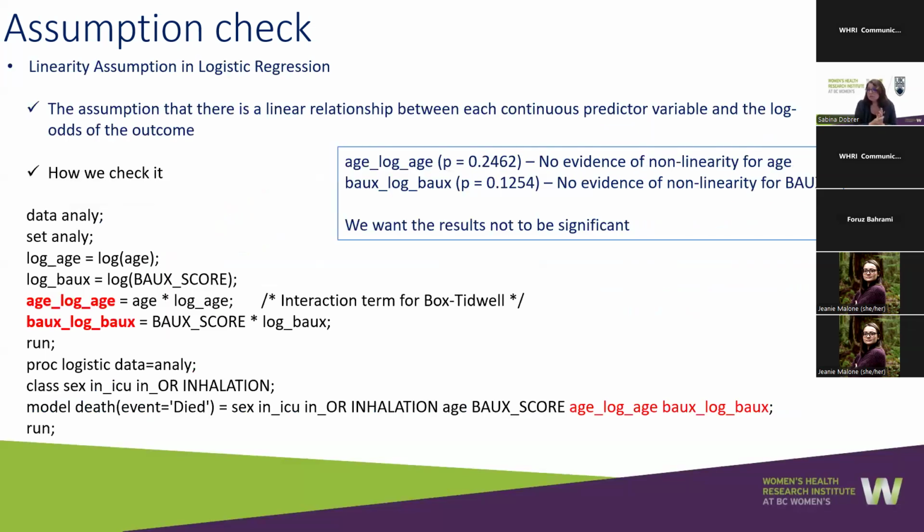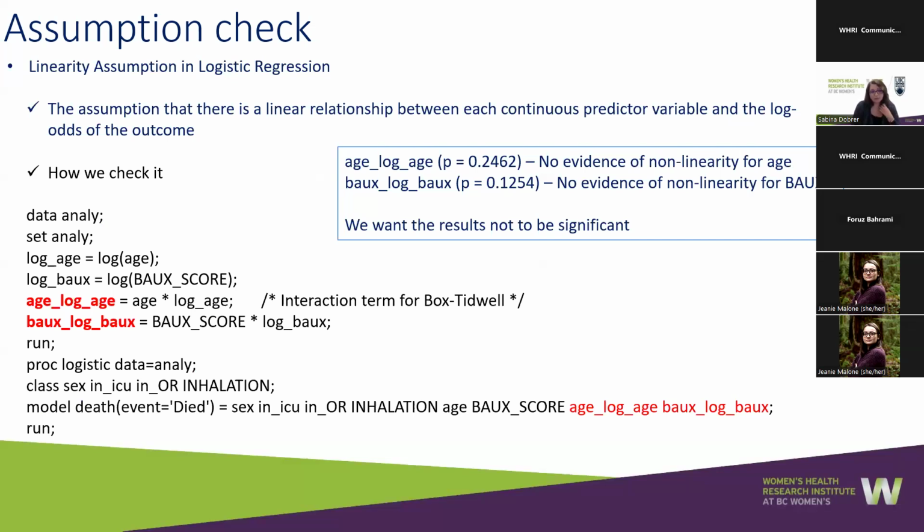The additional assumption for logistic regression to ensure that our results are valid is the log odds linearity assumption. We want to see that the log odds of our independent variables relate to the outcome in a linear way. So what you do is create a bunch of new variables and look at those new variables to check the assumption.